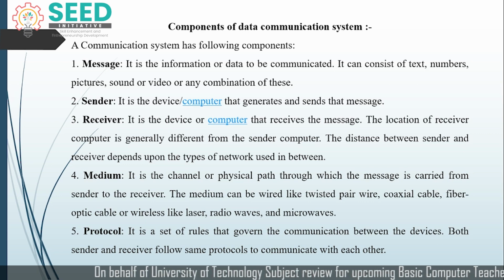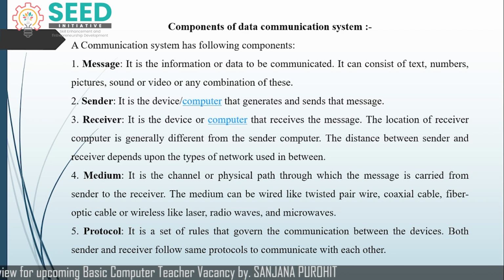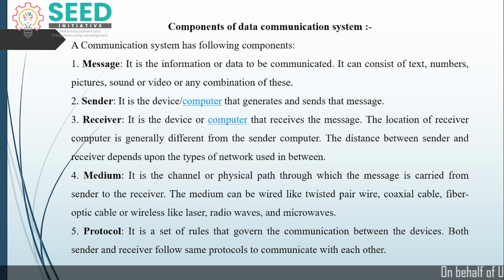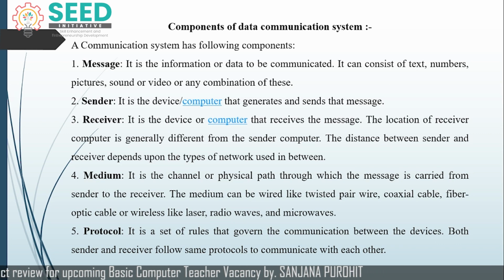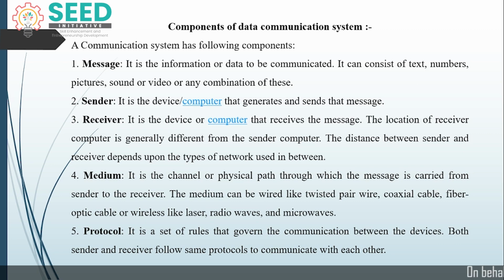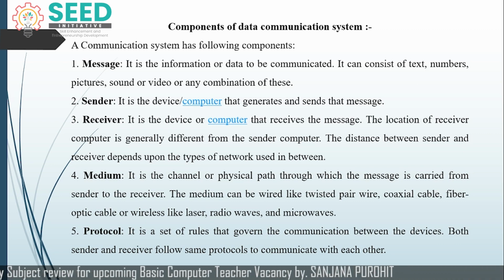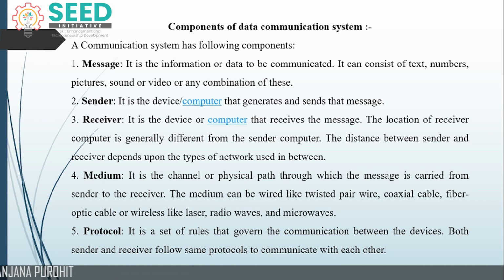The location of the receiver computer is generally different from the sender computer. The distance between the sender and receiver depends upon the type of network used in between. Fourth is medium, or we can say the transmission medium. It is the channel or physical path through which the message is carried from sender to receiver. The transmission medium can be wired and wireless both.